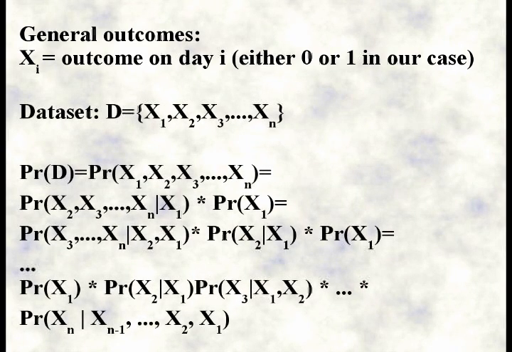In general, you can use the rule of conditional probability many times to find that the probability for a given set of consecutive outcomes, x1, x2 and so forth up to xn, is the probability of x1 times the probability of x2 given x1 times the probability of x3 given x1 and x2 and so forth, the probability of xn given x1 to xn minus 1.